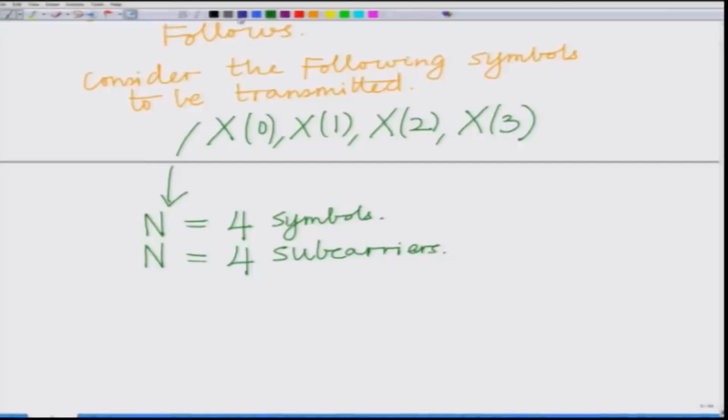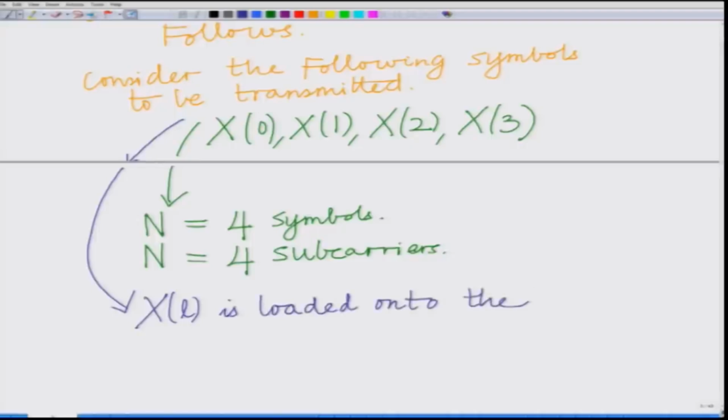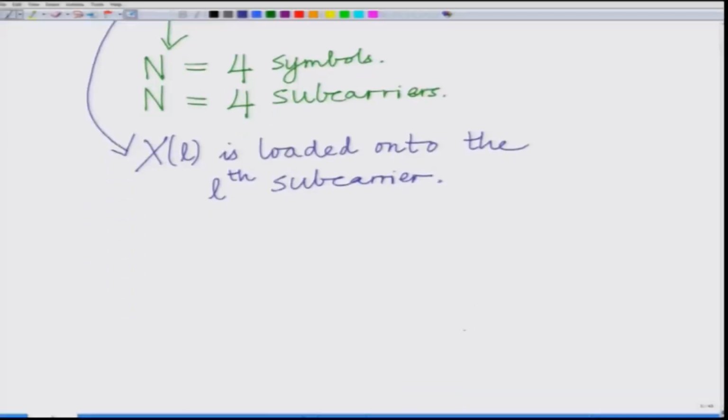Let us clarify this also: capital XL is loaded, the terminology used is loaded, onto the Lth subcarrier. There are 4 symbols, they are loaded onto the 4 subcarriers. And so, in a general scenario, you have capital N symbols and they are loaded onto the capital N subcarriers.